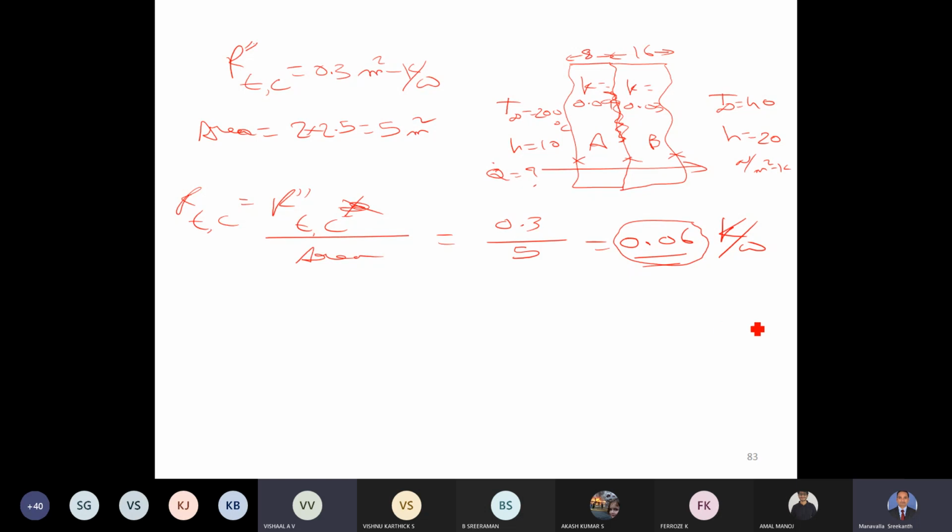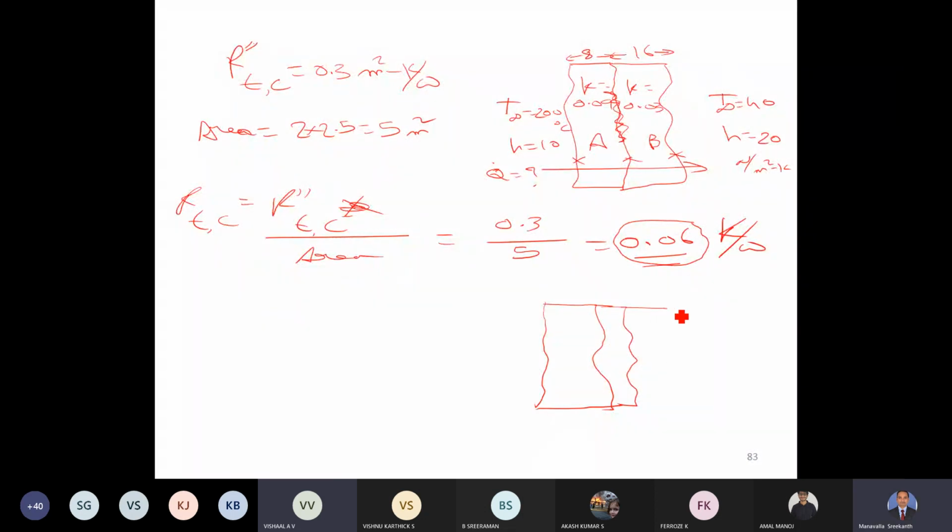So this particular contact is behaving as if it is a slab, which is having a resistance of 0.06 Kelvin per watt. So now we can reduce the entire problem to a known system of problems, with the contact resistance taken care of. So this is slab A. Now this will introduce a new slab in between, which is representative of the contact resistance.